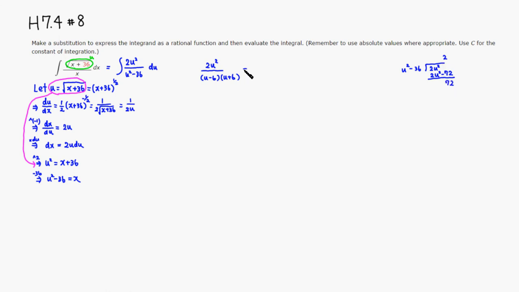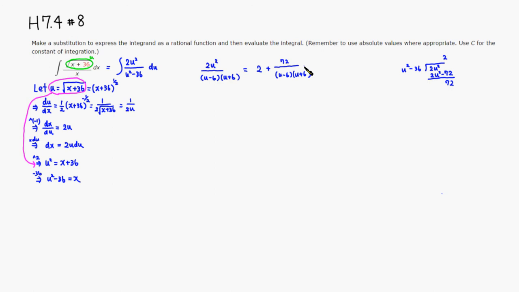So this can be rewritten as the quotient plus the remainder, which is 72 over the divisor, factored as u minus 6 times u plus 6.